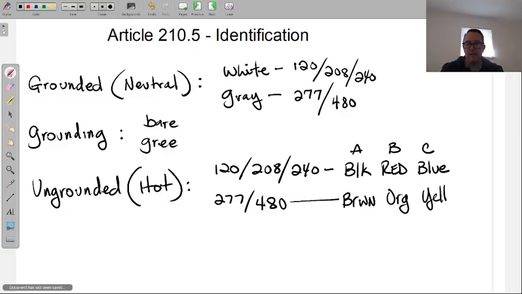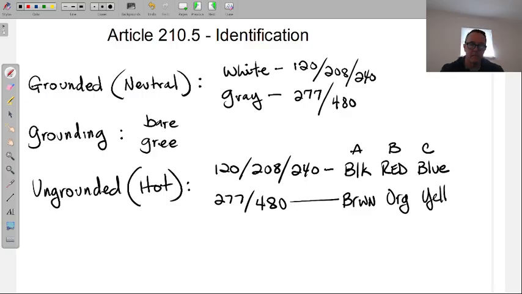So here is how, when you open up that junction box, you know if you're looking at A phase, B phase, or C phase, and 120, 208, 240, 277, 480. Memorize this. This is universal.